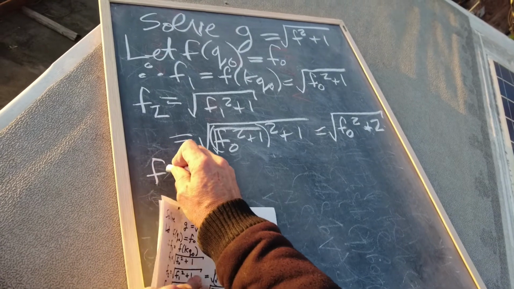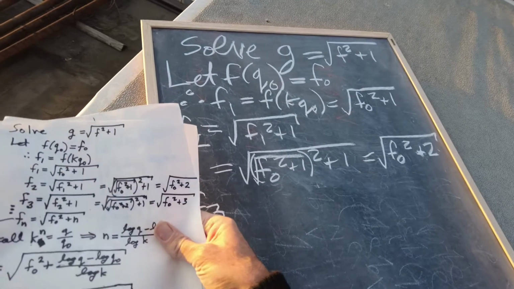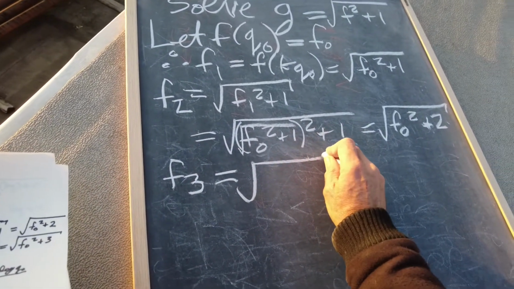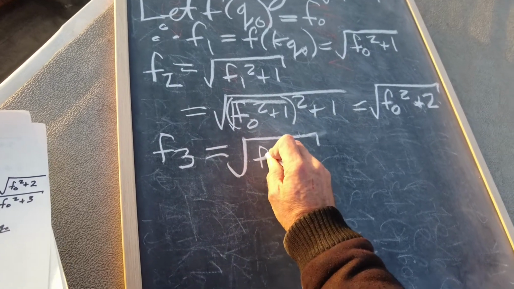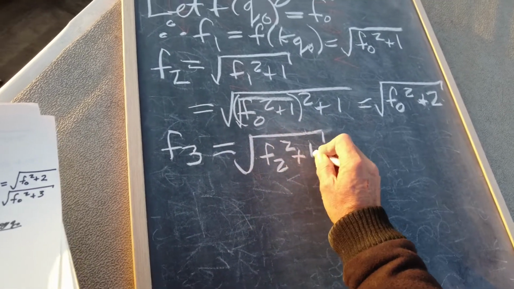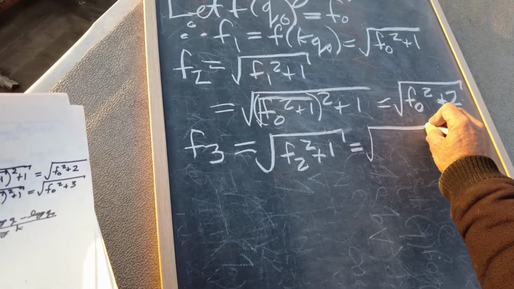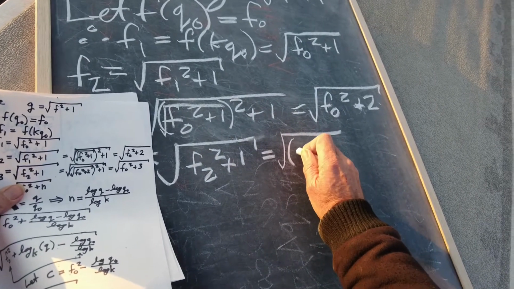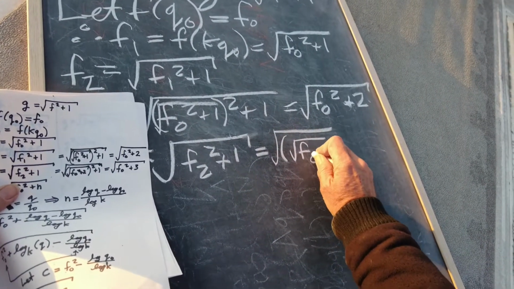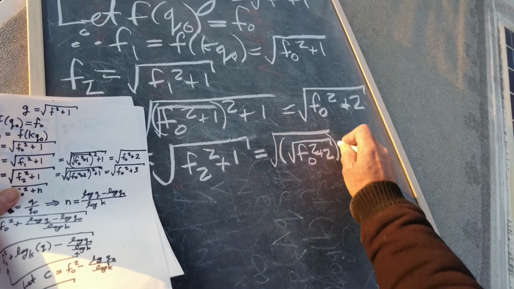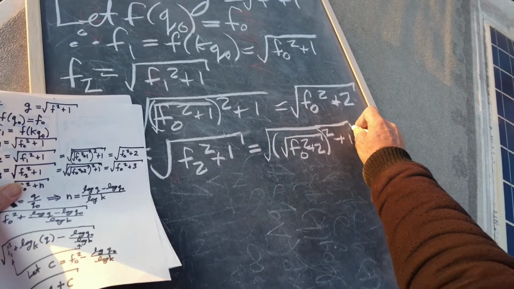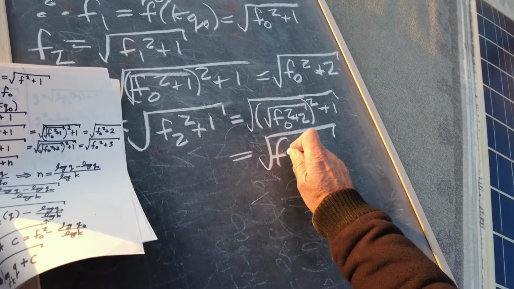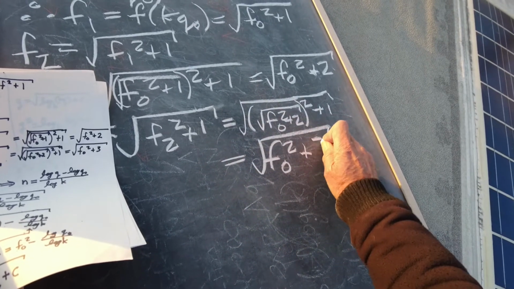And then now f3 equals the square root of f2 squared plus 1, which is equal to the square root of f0 squared plus 2, all squared, plus 1 under the square root sign, which is equal to the square root of f0 squared plus 3.